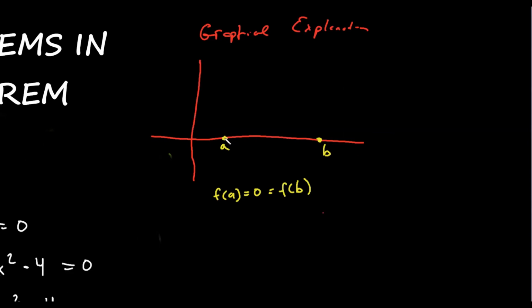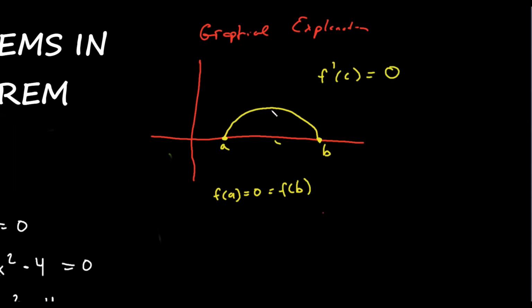We have a curve here, so that must be continuous and differentiable, right? So there must be some argument c between a and b such that if we plug it into the derivative, we get 0.